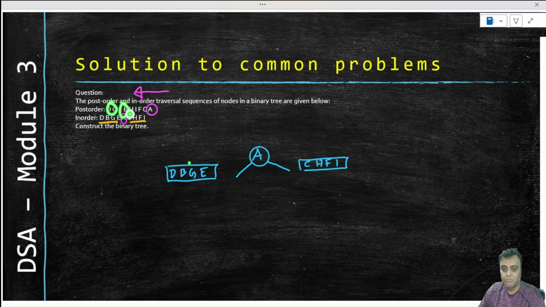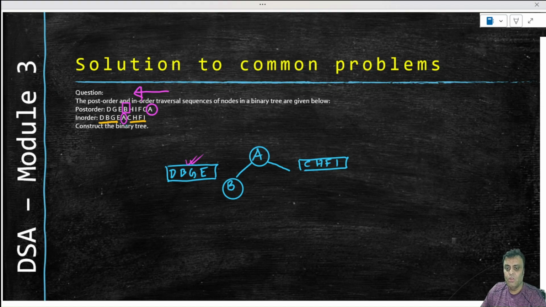G is further, so B is still the winner, and E is before B, so B is the winner. B is coming first when I see from right to left, so therefore B is definitely the root, because we are talking post order. B is definitely the root of this left subtree. So I can write B here.